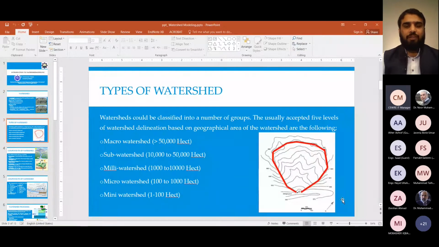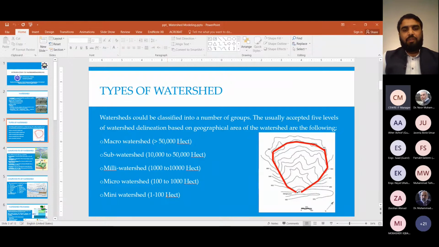There are different kinds of classifications available for watersheds, but based on the area, the watershed is classified into five major categories. Starting from the mini watershed, if the area of a watershed ranges from 1 to 100 hectares, then it is called a mini watershed.